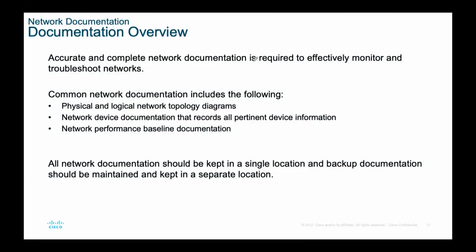The common network documentation includes the following items. First, physical and logical network topology. Second, network device documentation, which records all pertinent device information. And another, network performance baseline documentation.